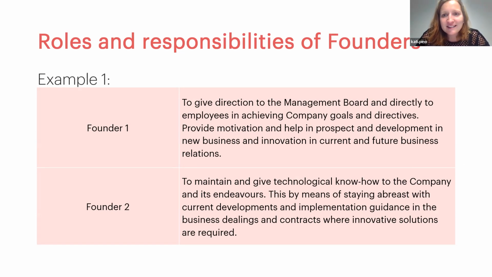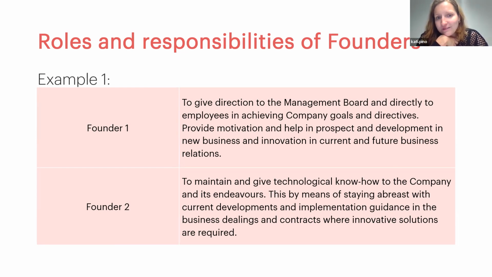So in this example, you can see that there is some regulation, but it is still rather difficult to say who does what. Giving directions to the management board is rather straightforward, but whether or not motivation is provided to the employees and innovation done in current and future business relations is rather difficult to actually measure.